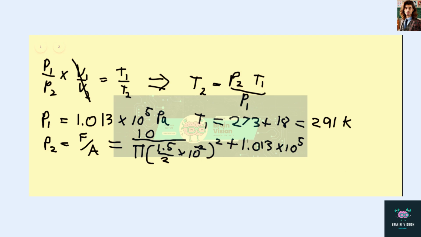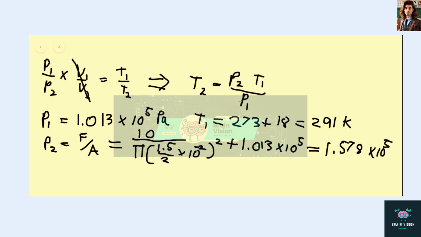We're at standard pressure, but we're at 18 degrees Celsius. So we need to add on this additional 1 atmosphere here. After putting this on a calculator, it is equal to 1.578 times 10 to the 5.